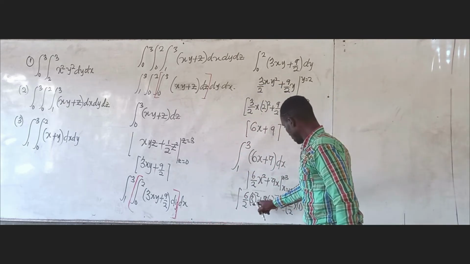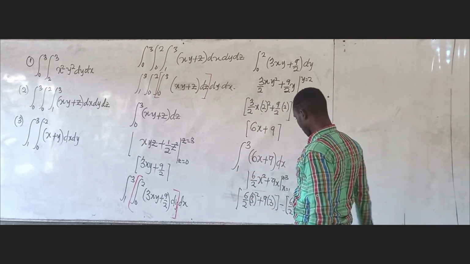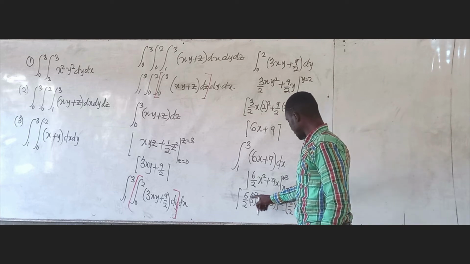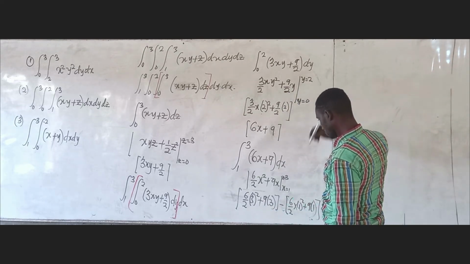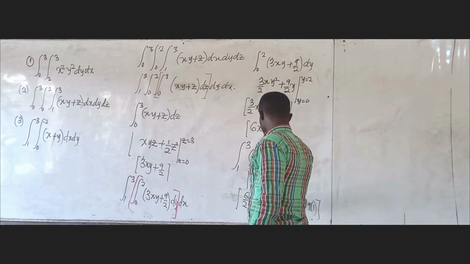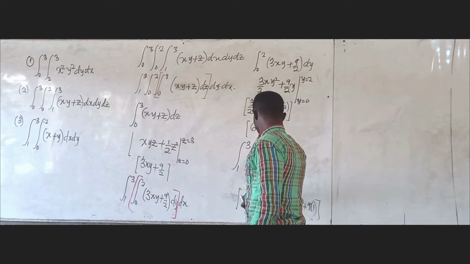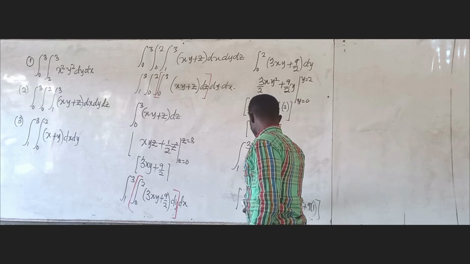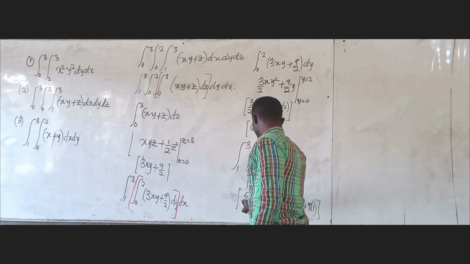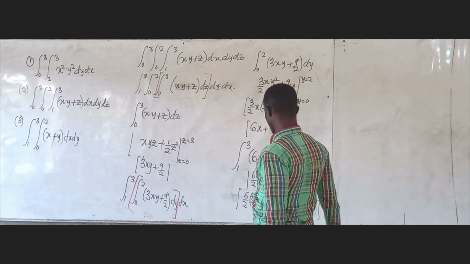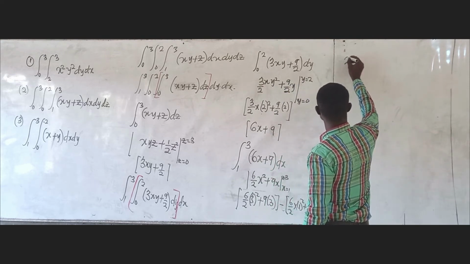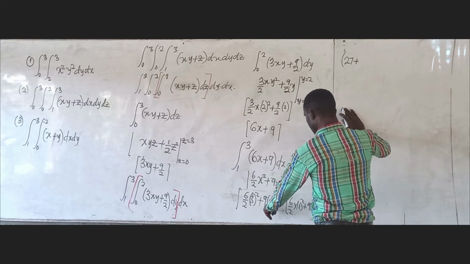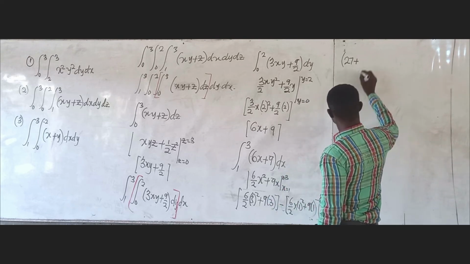3 squared is 9. So 9 times 3 is 27, plus 9 times 3, 27.